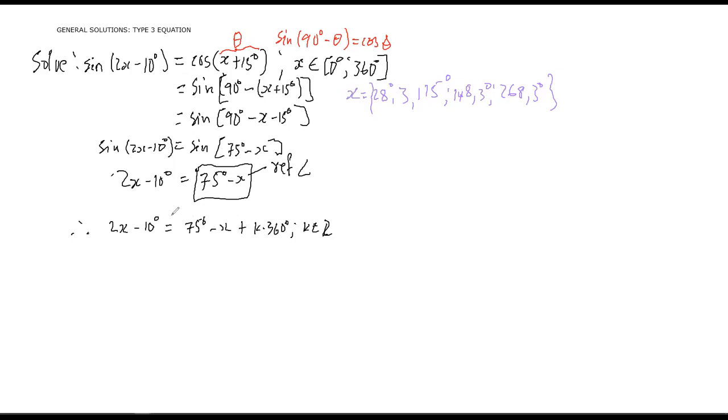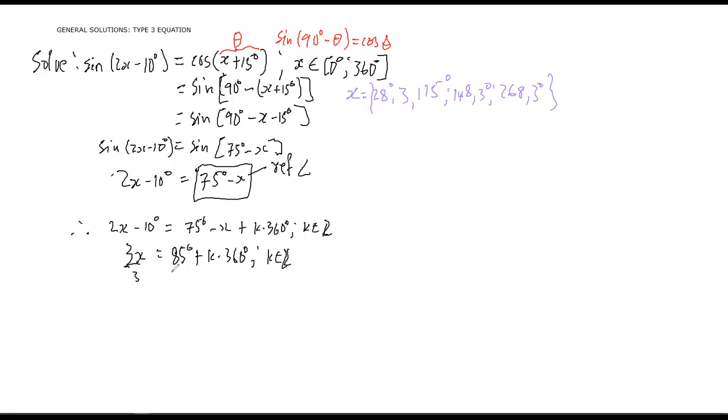All right, now I have to clean up and group some like terms. I get 3x is equal to 75 plus 10. I think that's an 85. So let me write an 85 here plus k dot 360. Now, I'm not looking for 3x, I am looking for x.